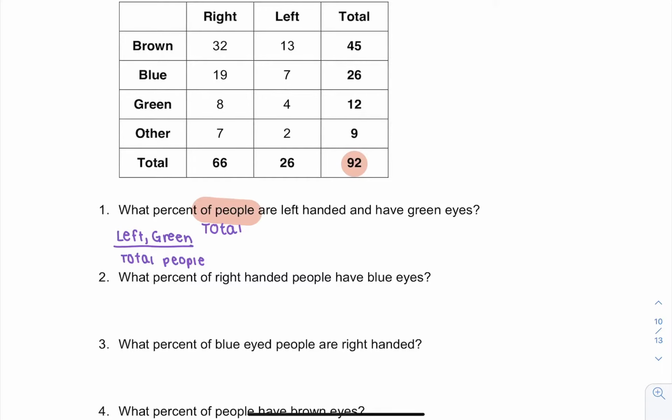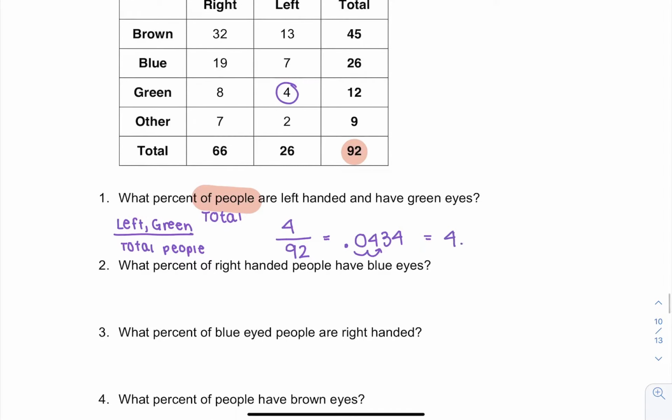So out of the total, which is 92, how many are left-handed and green? Well, that's going to be where they meet up at 4. So we have 4 over 92. If we want the percent, first off, let's divide these two numbers into a decimal. So we get 0.0434. If I multiply by 100, or move the decimal place over 2 to the right, I get 4.34%.